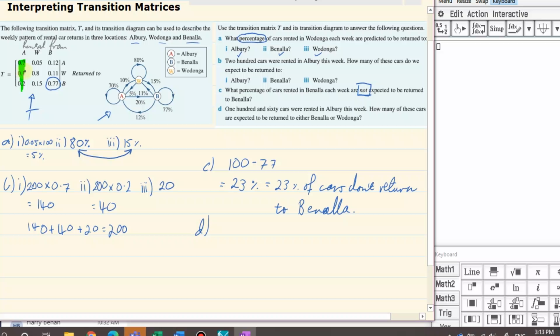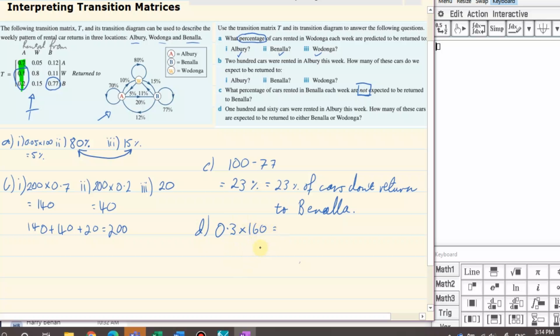Benalla or Wodonga is 0.1 and 0.2, so 30% or 0.3 of the 160 cars are returned to Wodonga or Benalla. 10%, for instance, is 16.